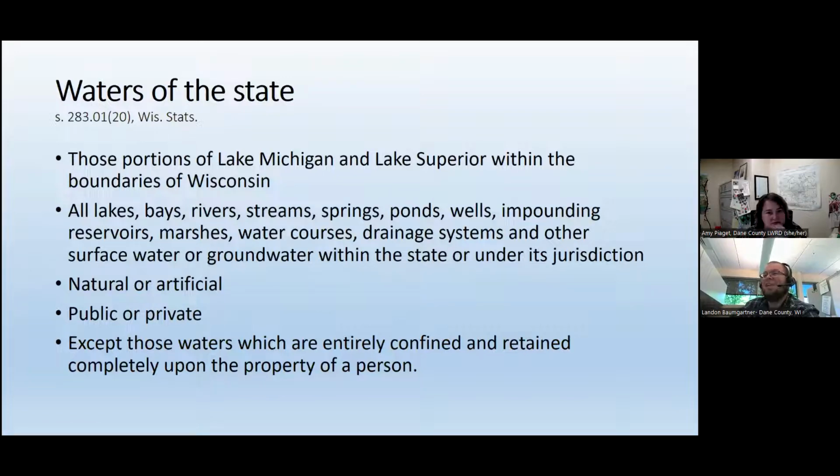All right. We did have one from Matt. He says in his experience, the DNR has said they're no longer making navigability determinations. They would like to see zoning or land conservation staff make them. It seems like it could be a conflict of interest if the county are potentially writing permits or designing practices. Who should make navigability determinations?